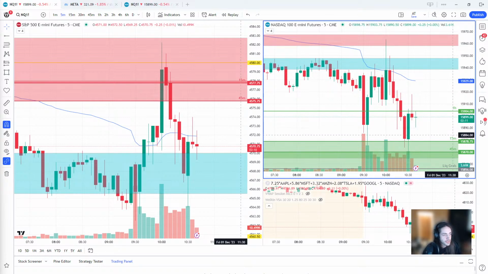I'm probably going to look to exit this position if we get one more drop like we did before. Let's see. Staying in it. Microsoft trying to bounce.